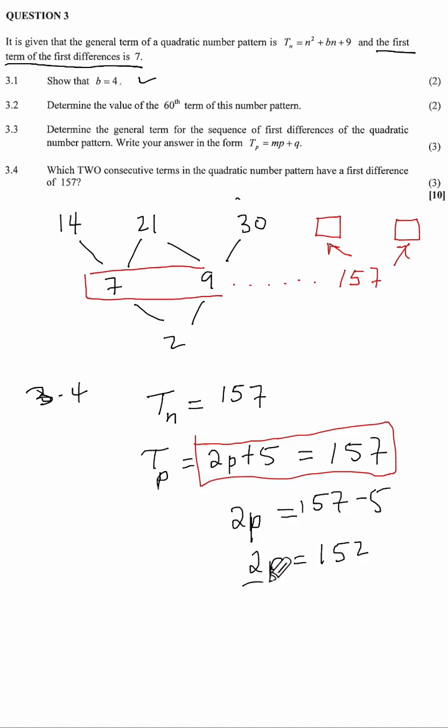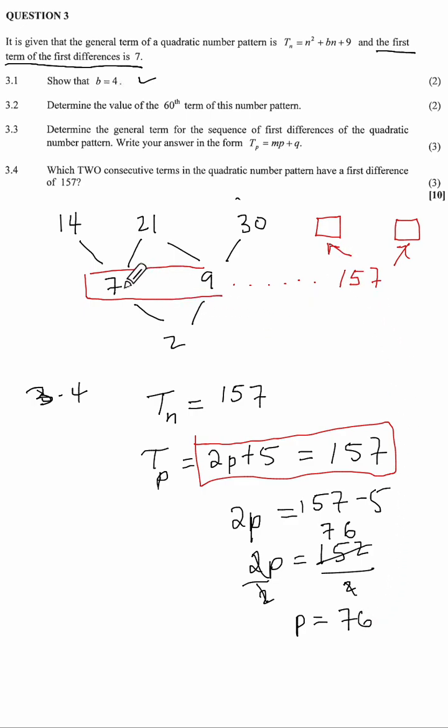Right? Then I have to divide both sides by 2. 2 and 2 cancel out. 2 into 152, that's 76. Okay, so p is equal to 76.